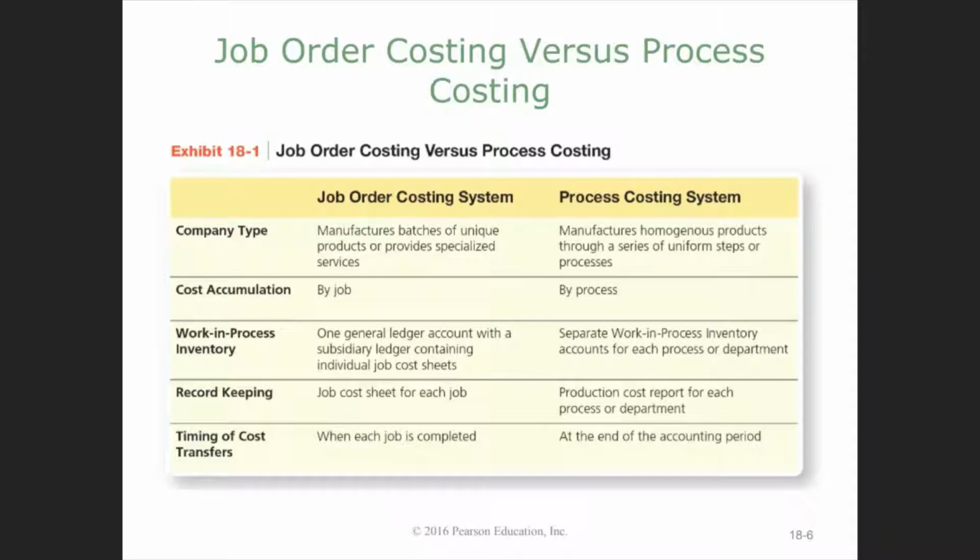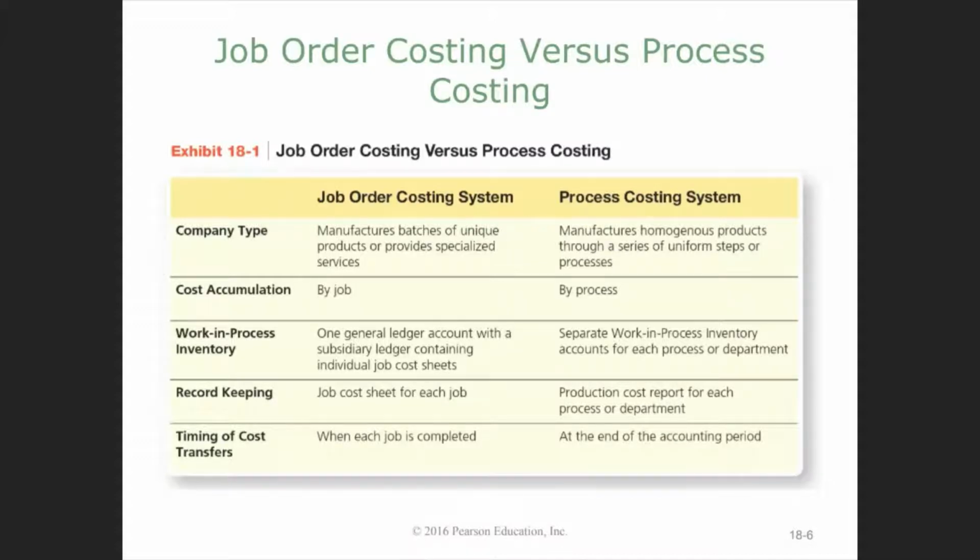And then when we look at record keeping, under job order costing, they keep a job cost sheet for each job. Whereas for process costing systems, they have a production cost report for each process or department.